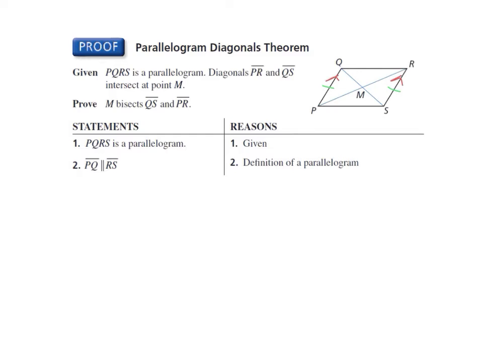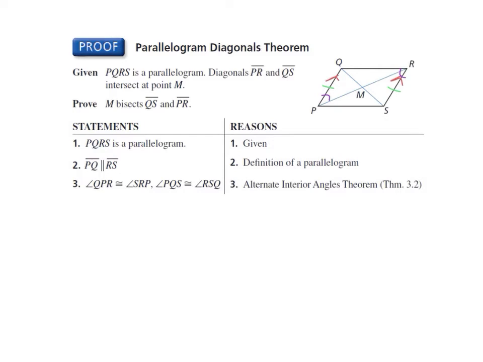All right, the next piece that we can then conclude, because we have a parallelogram and we have the diagonals, which is also given, that means we could use the alternate interior angles theorem to indicate that we've got alternate interior angles congruent.